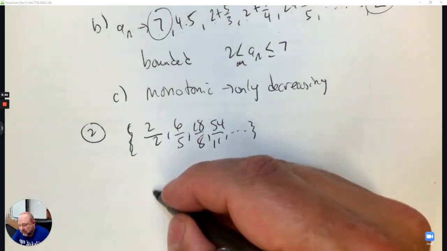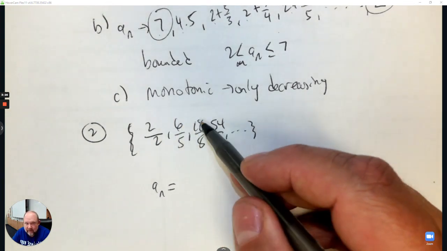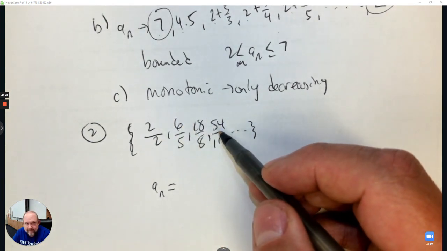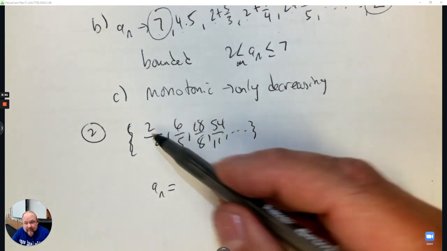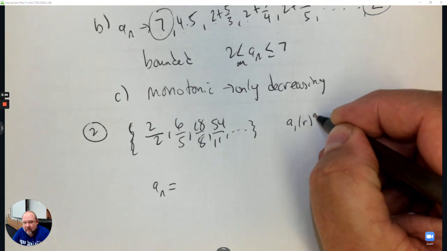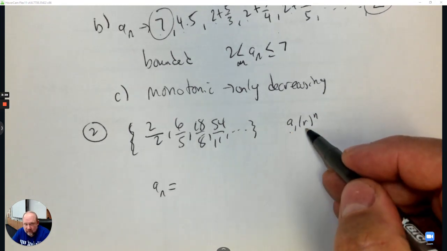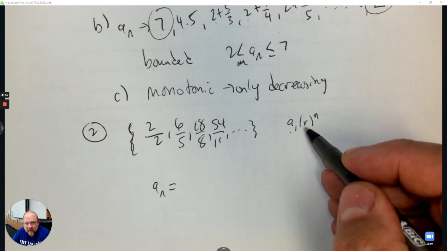So when I look at the numerators, I see that you're multiplying by 3 every time. Do you see that? So because of that, it's called geometric. So for the top, the geometric, this is what we're looking for, is the first term times the ratio to an exponent.